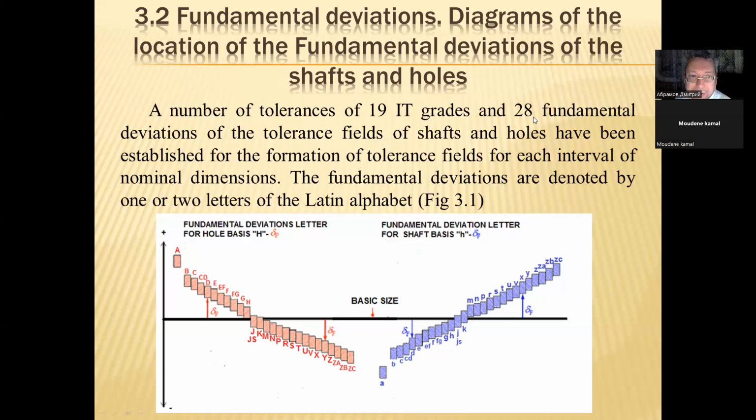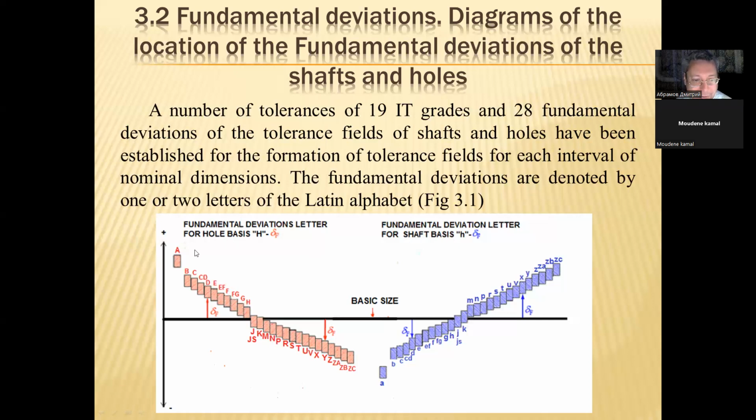It's 28 fundamental deviations. It's the zero line or basic size, and tolerance fields. Fundamental deviation letters for hole basis and fundamental deviation letters for shaft basis.